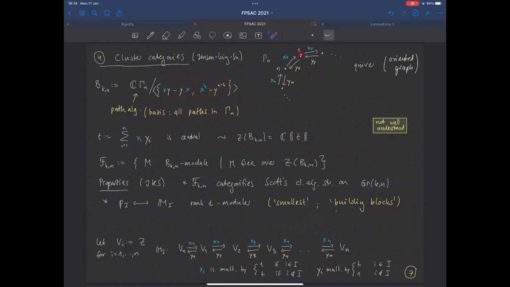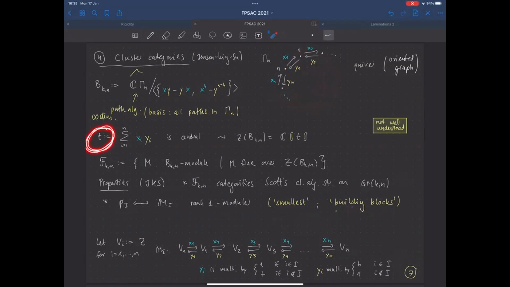So whenever I start at a vertex, I want that when I do k steps with the x's, it should be the same as n minus k steps with the y's. Again, these are n relations. So I lose a lot of the paths, but I can still go on forever. This is an infinite dimensional algebra. And I should also say we really take completed versions of that with respect to the arrow ideal, but just for the definition, it doesn't really matter a lot.